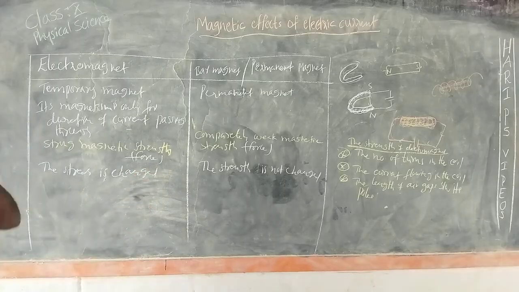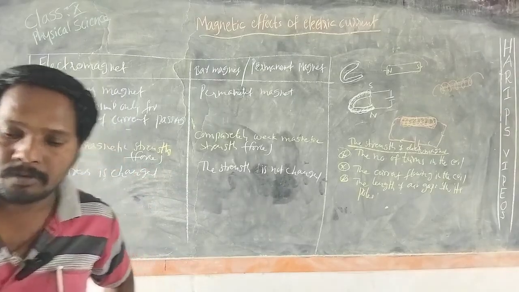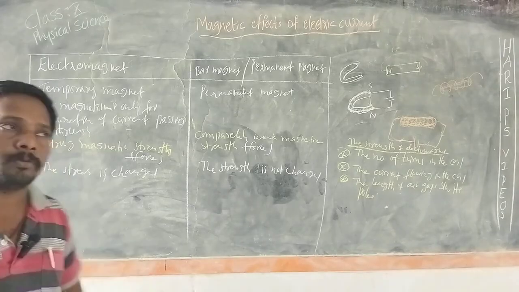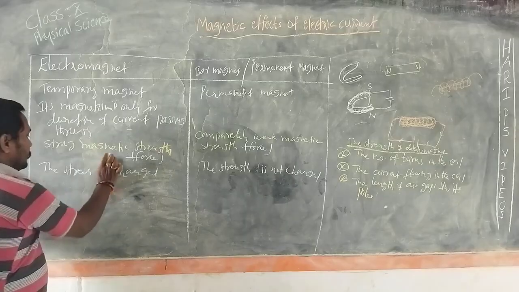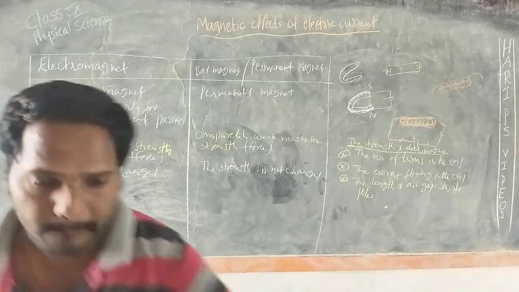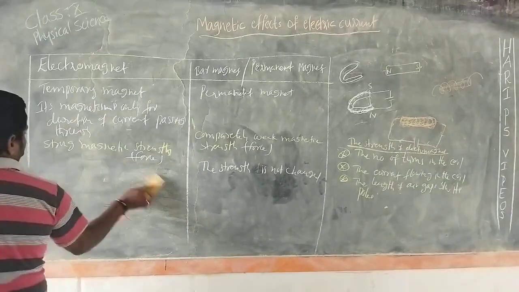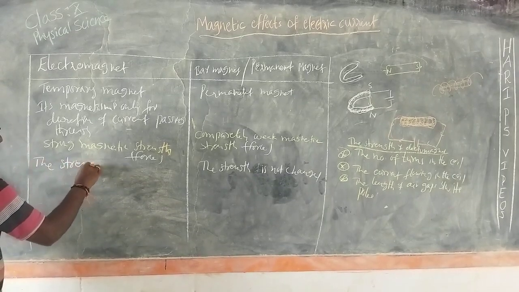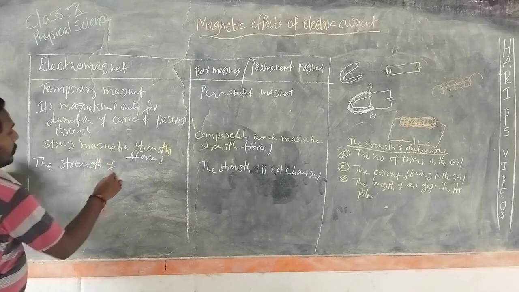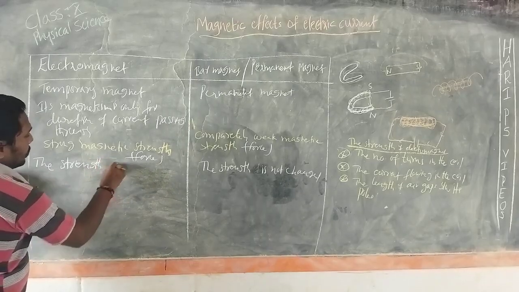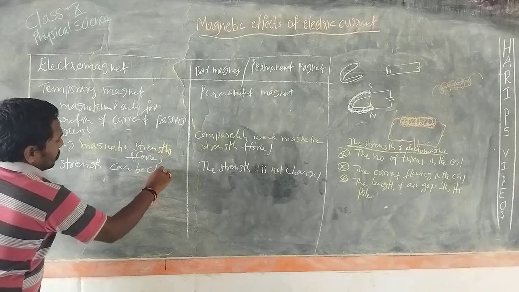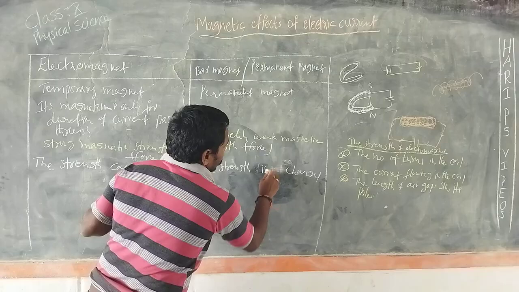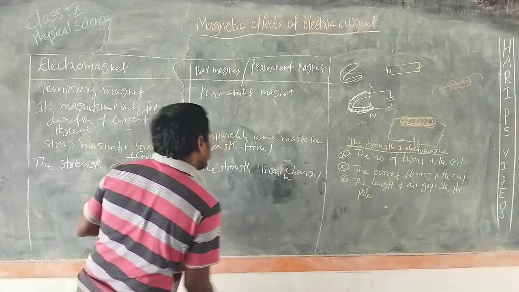How do we change the strength of an electromagnet? The strength of a permanent magnet cannot be changed.